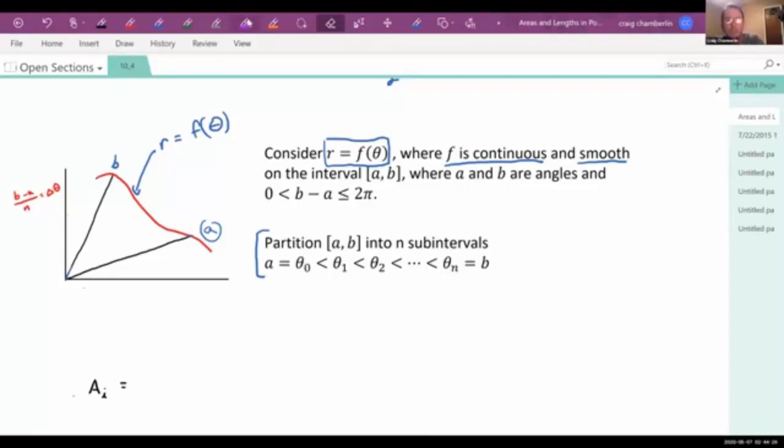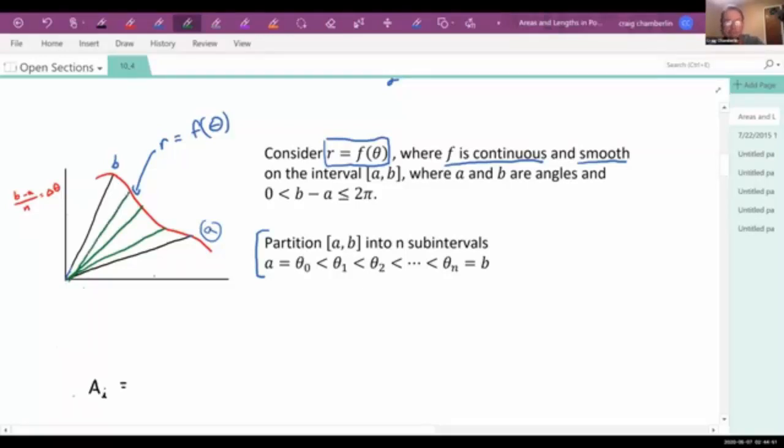So the way I partition this almost piece of pie is I break it up into a bunch of smaller pieces that are almost pieces of pie. And in fact, maybe even closer to looking like pieces of pie than that big region. So I'm only going to do a few subsectors, almost sectors here.